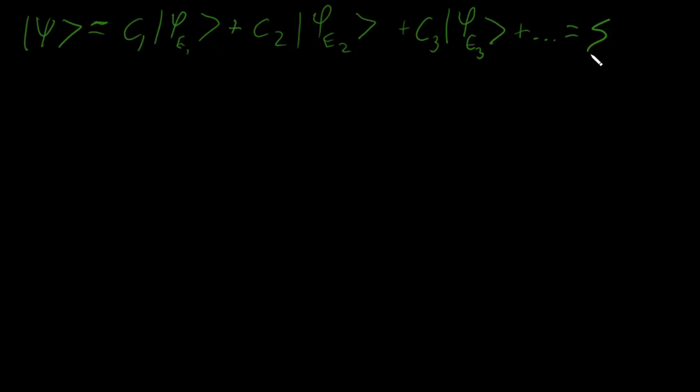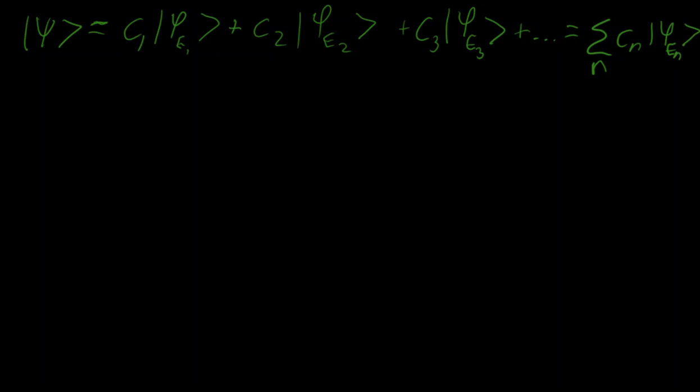We can express this more compactly as the sum over, instead of j, I'm going to use n, since n is more common for energy, like the principal quantum number. So the sum over all values of n of C sub n times the state phi sub E sub n.